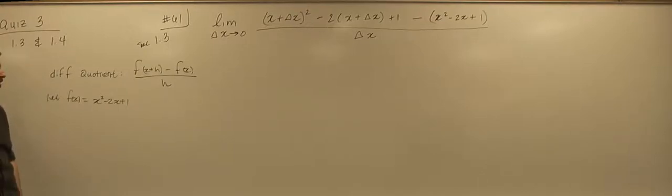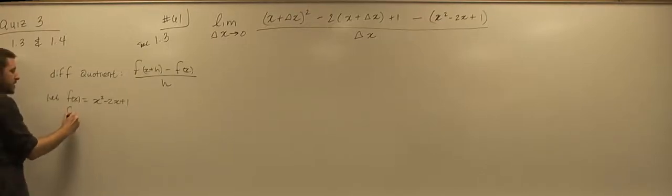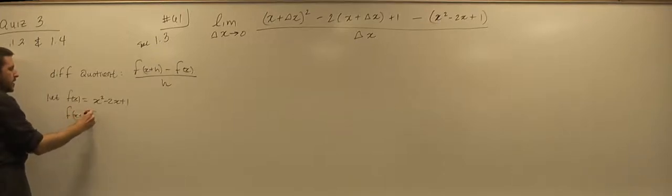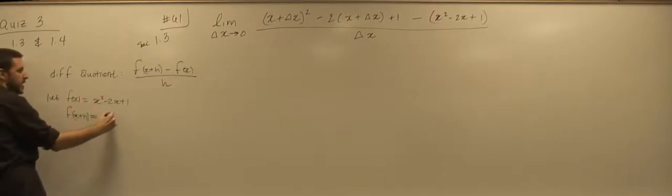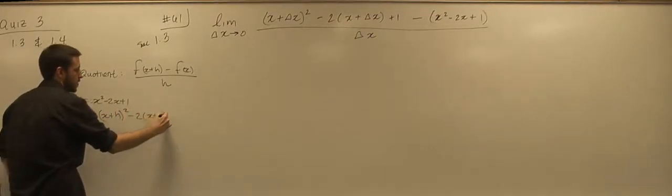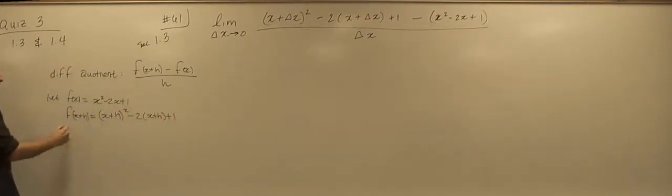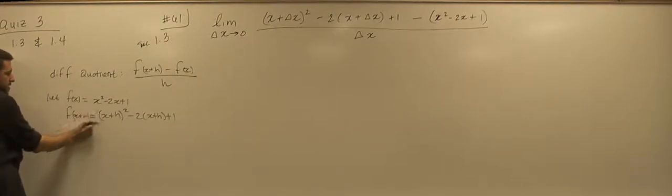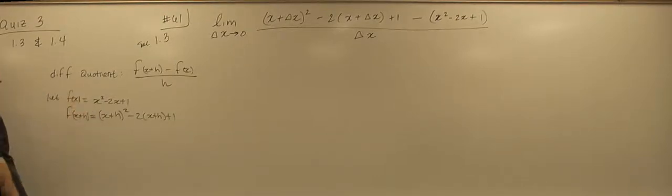Plug in x plus h. Yeah, so you would find f of x plus h first. And the way you find f of x plus h is plugging it in for x. So like this. And then you would take f of x and subtract it from f of x plus h.